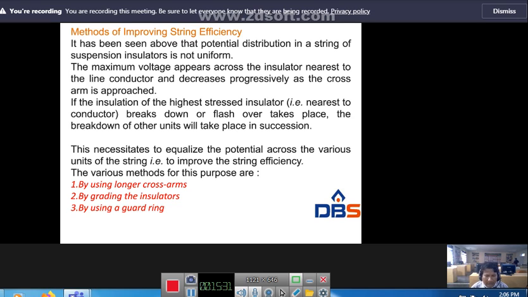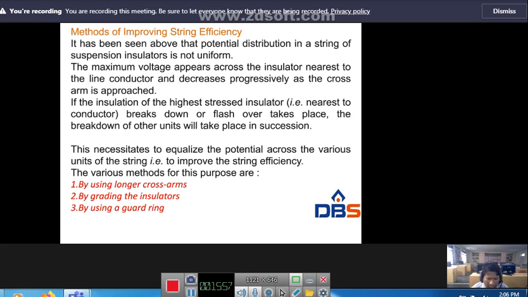So there is a necessity to equalize the potential across the various units of a string of suspension insulators. To improve the string efficiency, we equalize the voltage across all the discs. So the basic methods to improve the string efficiency are very important.